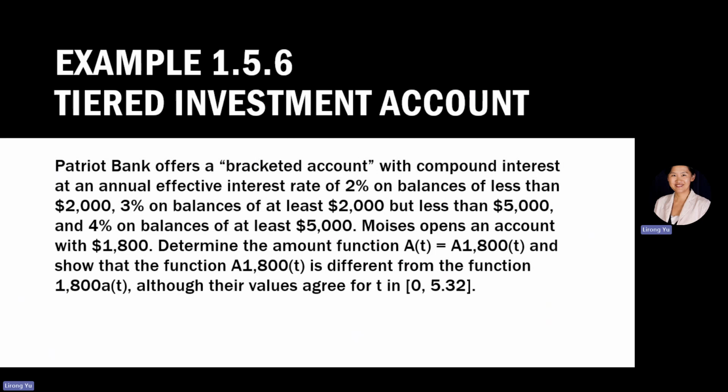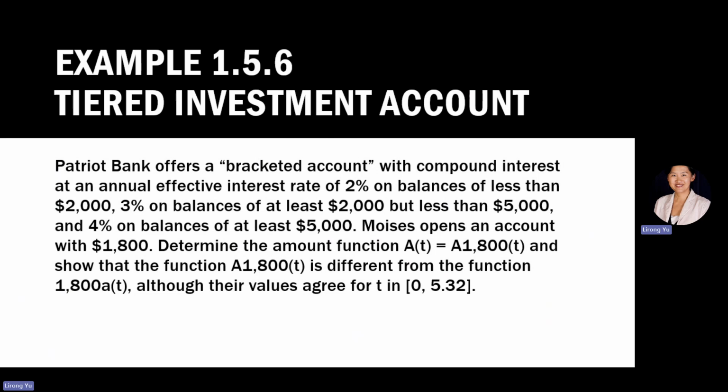It says that if the money is less than 2,000, then the interest will be 2%. If the money grows past 2,000, as you save more money, there's interest rates which cause money to grow.